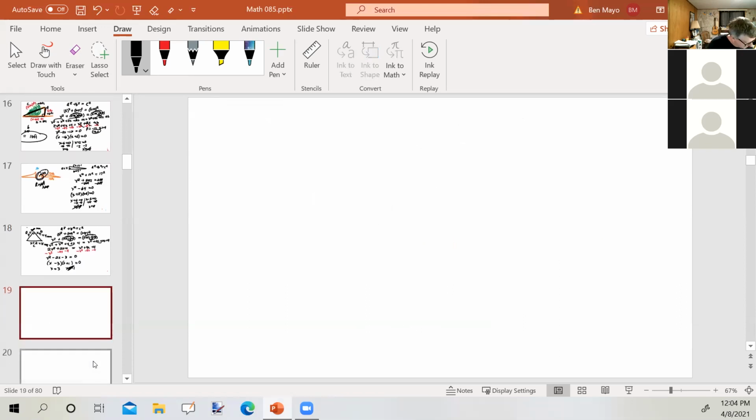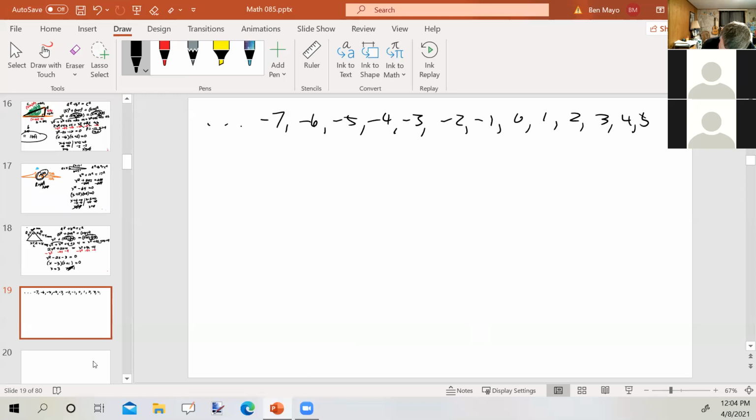Well, here's another situation. Let's talk about integers. What are integers? Coming from the left, -7, -6, -5, -4, -3, -2, -1, 0, 1, 2, 3, 4, 5, etc. So those are integers, whole numbers and their opposites, all right? Consecutive integers would be one right after the other. So -7, -6, -5, -4. Those are consecutive integers, okay?